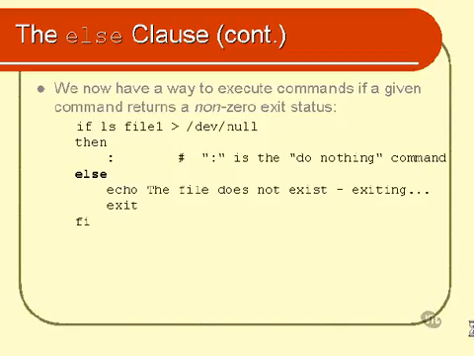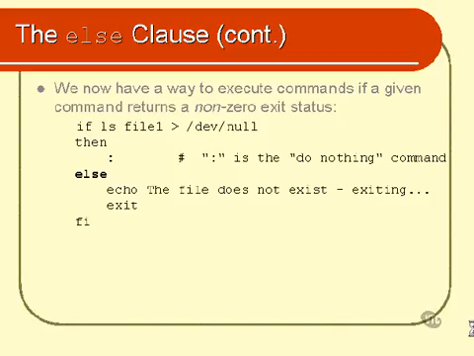Here we're testing to see whether file1 exists or not, and in this particular code snippet we've decided that if the file does exist, then we really don't care. There's nothing that we want to do if the file does exist. We only want to do something if the file does not exist, and at that point we want to put out an error message and exit the program. So the way we go about that is we have a little do-nothing command in the first half of the if statement.